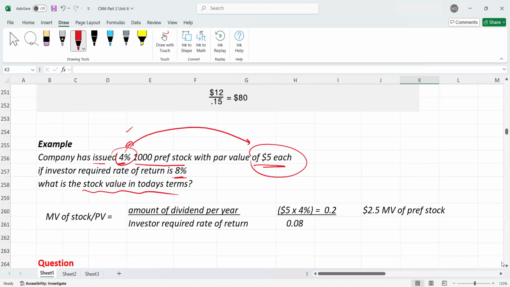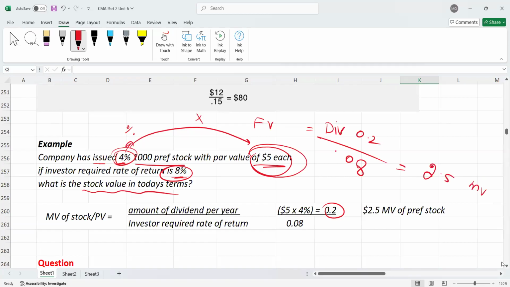If you take the percentage of dividend multiplied by face value, this will give you the amount of dividend per share. So $5 into 4% gives $0.2 as the amount of dividend, divided by the investor required rate of return, 0.08. If you solve, you will get a market value of $2.5 per preferred stock. Understood? Now we are going to discuss some practice questions.